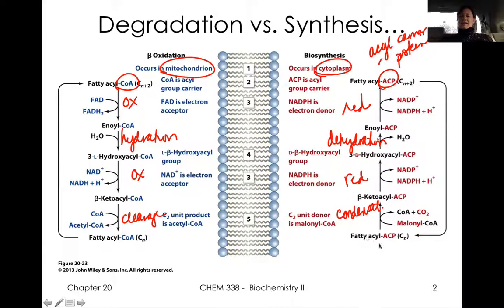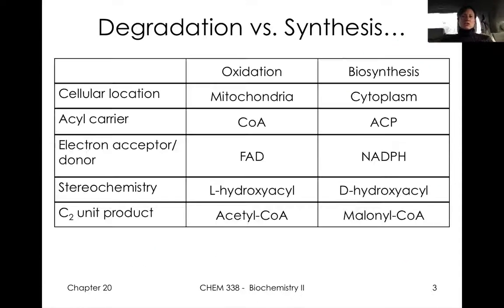So fatty acids that are going to be synthesized into triglycerides are tagged with this ACP, or acyl carrier protein. And as we'll see, that acyl carrier protein is actually part of the fatty acid synthesis complex, fatty acid synthase. So there's many reactions that we'll talk about that synthesize these fatty acids, but they're all part of a multi-enzyme complex. So we'll see that in just a few slides here.